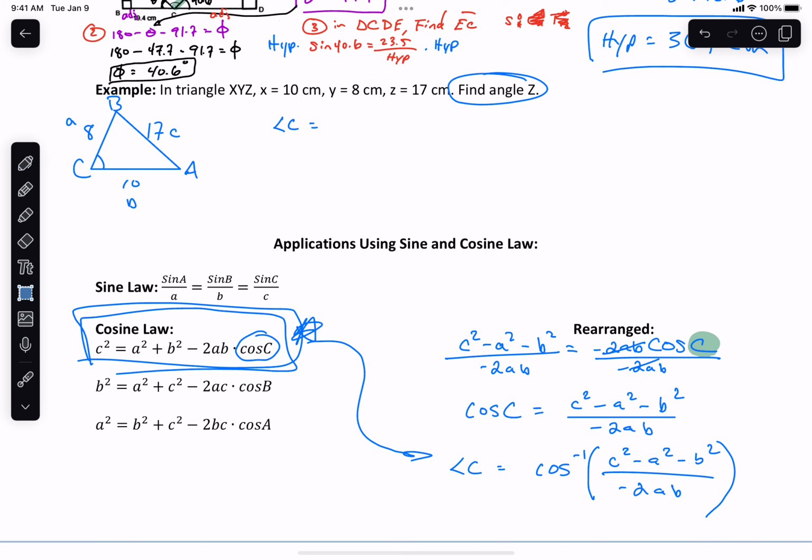Move that down. is 10. What's everybody get?